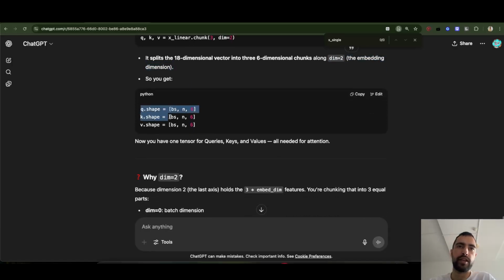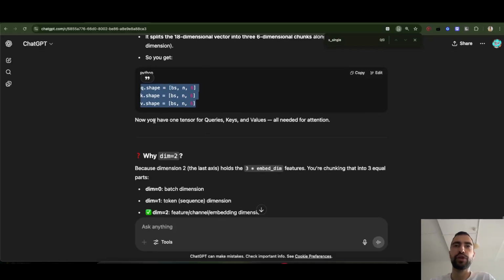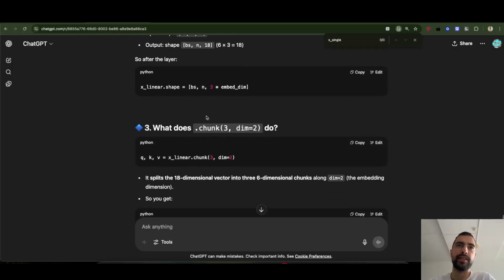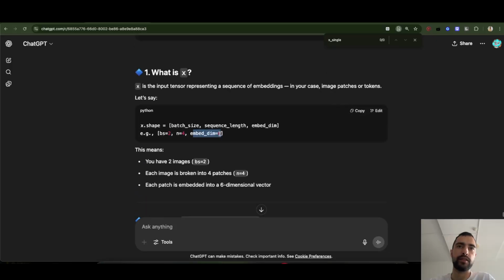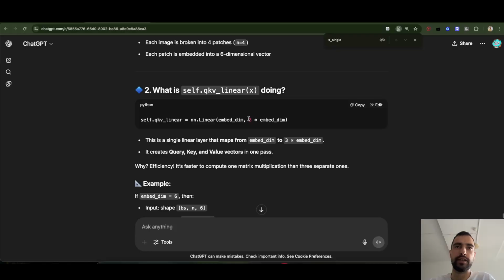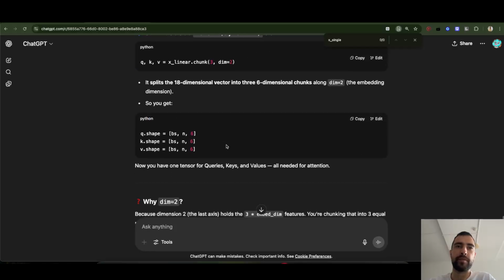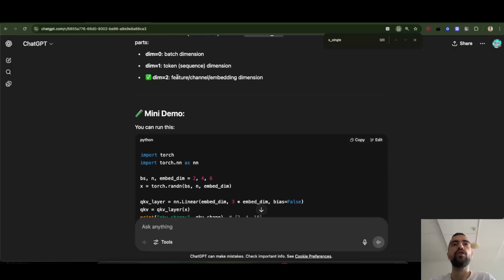So you get these 3. Now you have one tensor each for query, key, and value. And why dimension 2? Because we want to split this last dimension, which is going to be 18 after the linear layer. So we want to split that dimension into 3. They call this the feature or channel or embedding dimension.